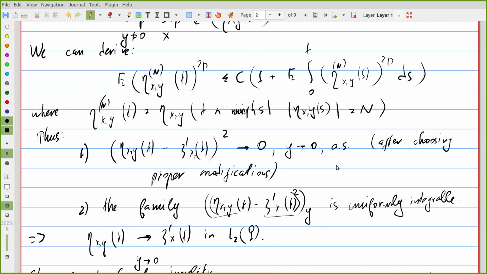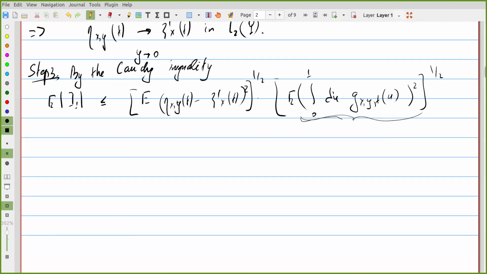So this is now bounded just after integration, because this can be estimated in terms of some polynomial with respect to psi xt and eta xyt. And we know that psi xt has all moments, and we now know that eta has all moments. So this goes to 0 because the first factor goes to 0.